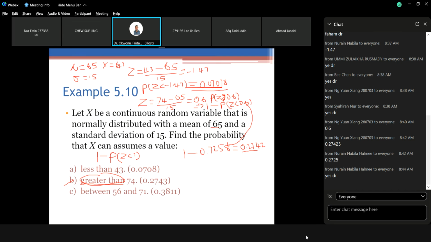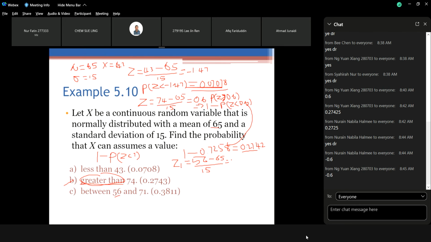Okay, so let's look at this. So let's say for Z1, here our X is 56 minus 65 all over 15. So what is your Z1 value? Minus 0.6.